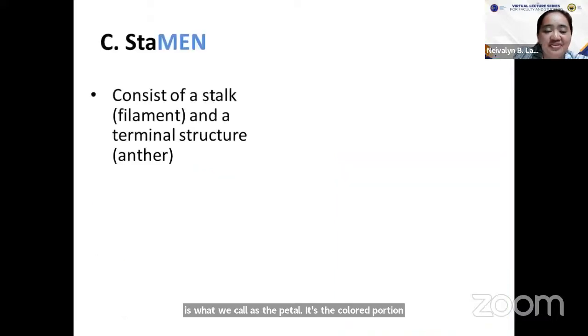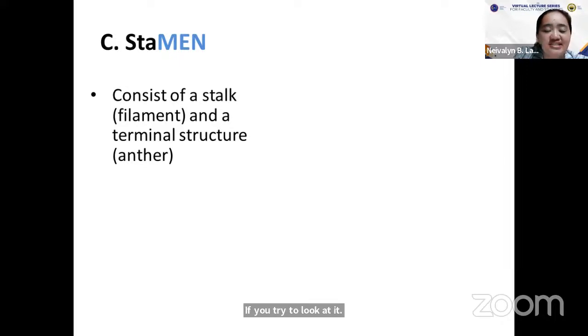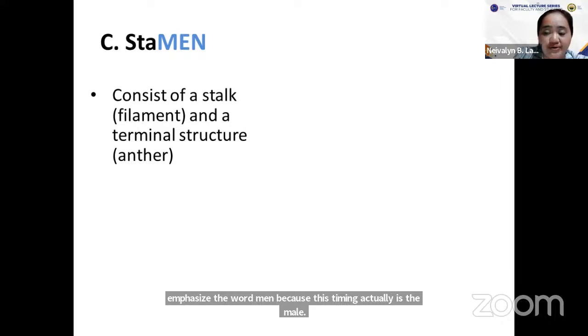And we have the third part of the flower, the stamen. I emphasize the word men because the stamen is the male reproductive part of the flower.